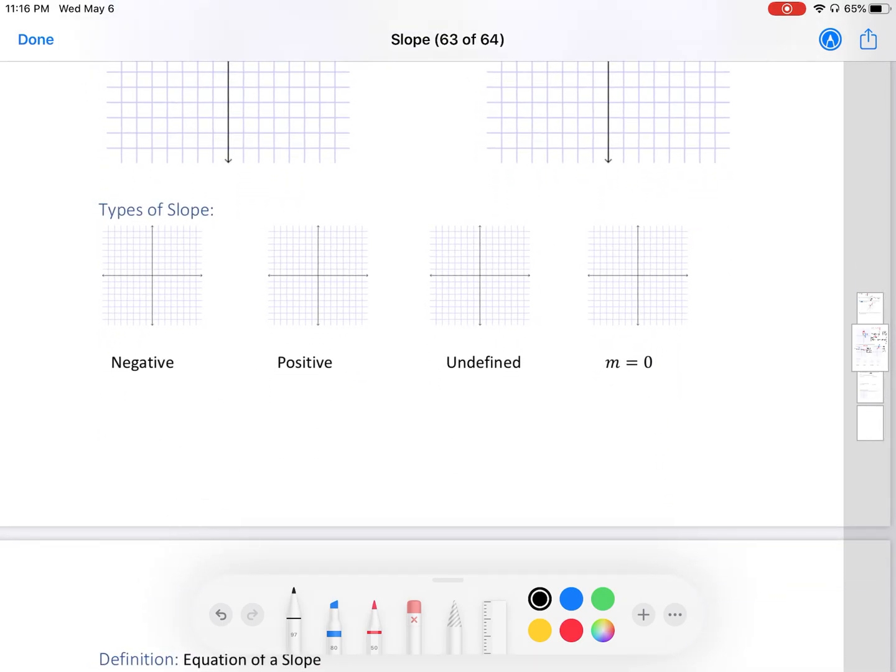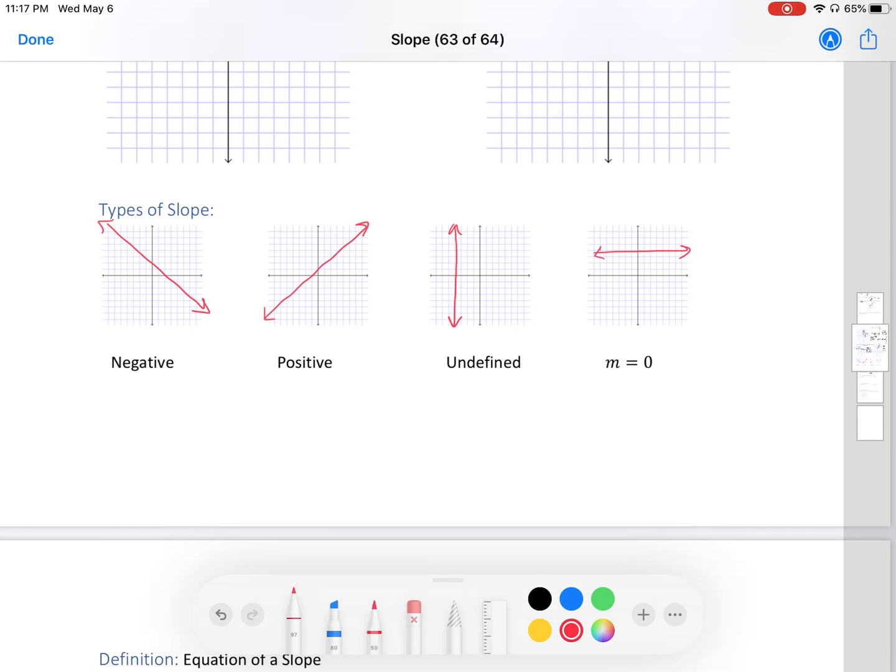Okay, so here I have these empty grids so we can write the types of slopes. Our types of slopes are, we can have a negative slope, a positive slope, an undefined slope, which is a vertical line, and a slope of 0, which is just a horizontal line.